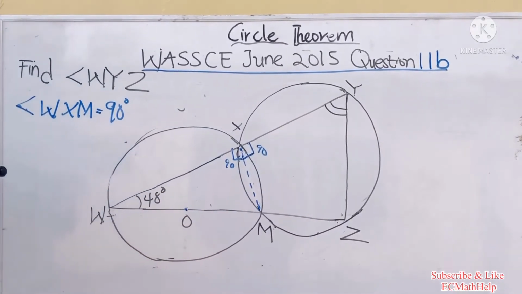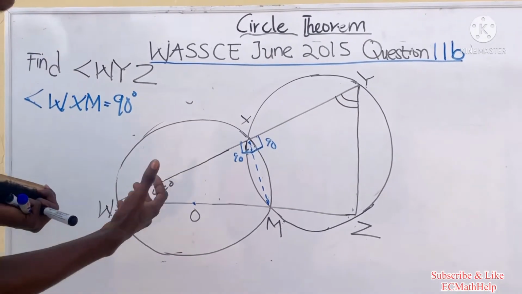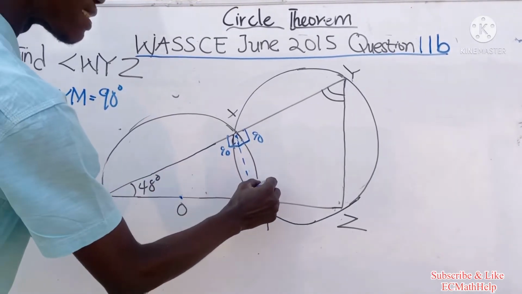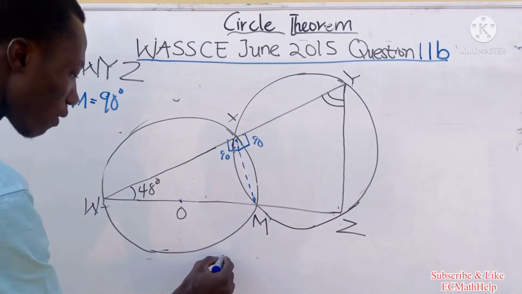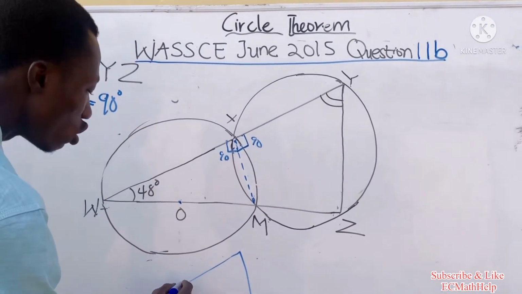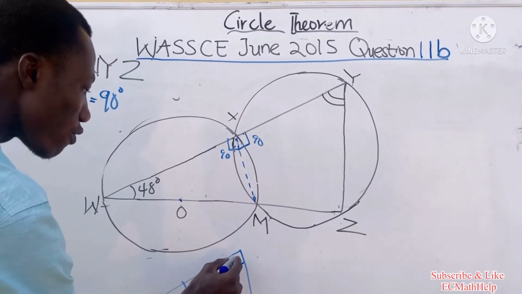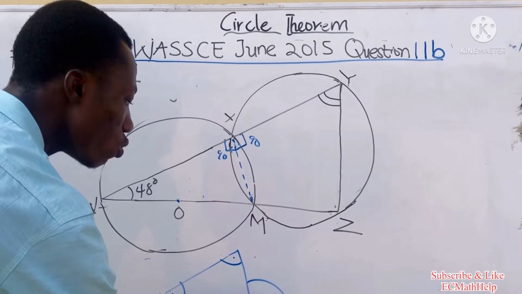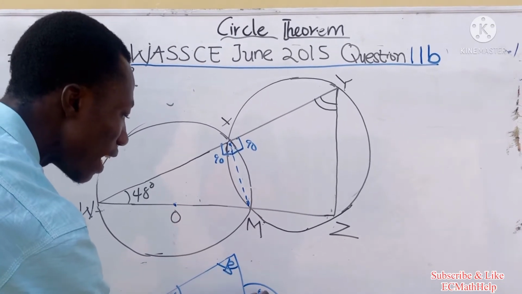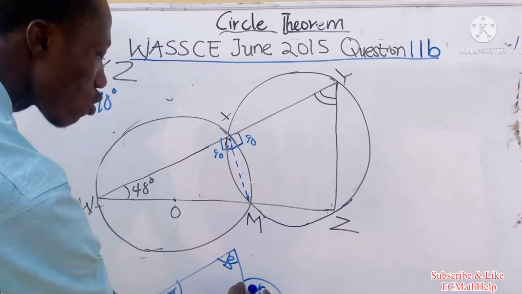WXM is a triangle. We know from the property of a triangle that the sum of two interior angles is equal to its exterior angle. Now let me do a small sketch over here for us to see. If you have a diagram like this, and here is A, here is B and here is C, the sum of A plus B equals C, the exterior angle.